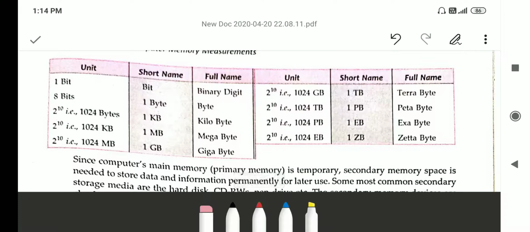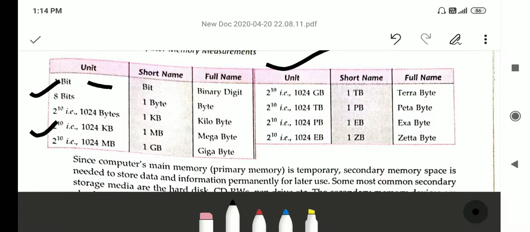These are the memory unit names. You must know a few, but you are not supposed to learn everything by heart, because slowly you will get this. For example, 1 bit is called a bit, 8 bits is 1 byte, 1024 bytes is 1 KB, 1024 KB is 1 MB, 1024 MB is 1 GB, and it goes on like this.